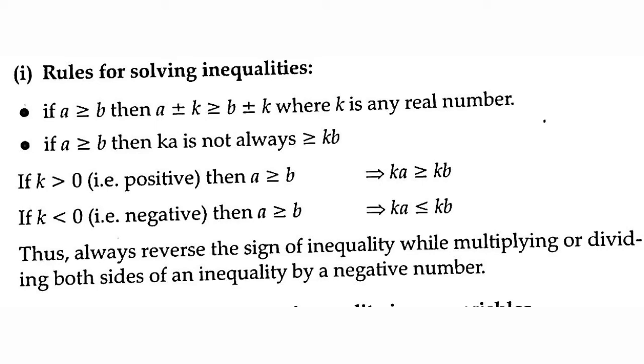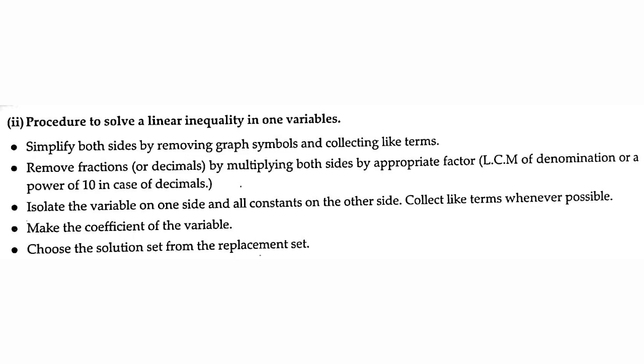If k is greater than 0, means positive, then a greater than b implies ka is greater than kb. If k is less than 0, means it is negative, then a greater than b implies ka is less than kb. Thus, always reverse the sign of inequality while multiplying or dividing both sides of an inequality by a negative number.